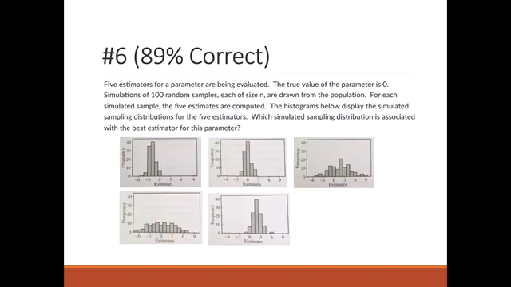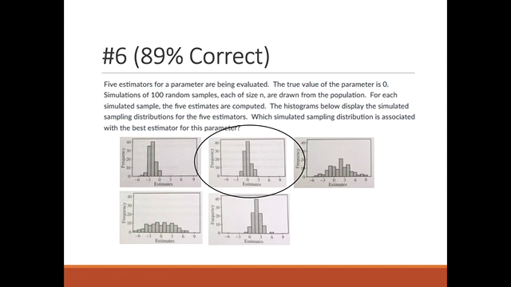So here, number 6, 89% got this correct, and I was thrilled with that. Of these simulated sampling distributions, which is the best estimate of the parameter? We are told in the statement of the problem that the true value is at 0, so this one is centered around 0. That would mean that it is unbiased, and then we want as little variability as possible around that 0.